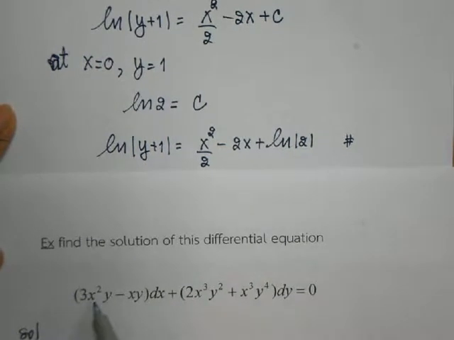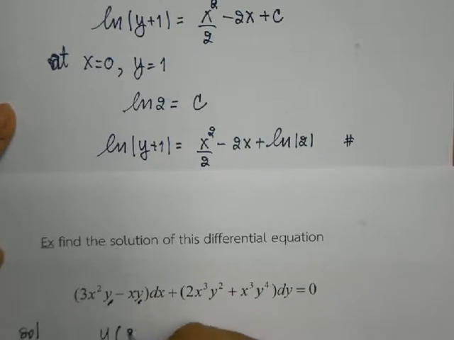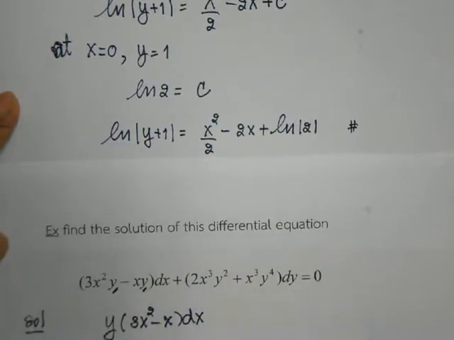So if you take y out, you see this one you have y and y. If you take y out, inside you have only x, right? The thing is that we just want y separated out from x. Okay? So if we take y out, we get 3x squared minus x dx. See, this term you can separate y and x from each other.